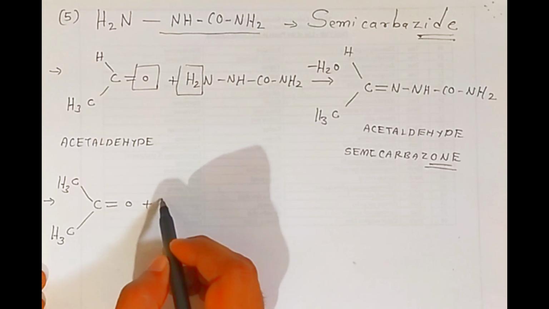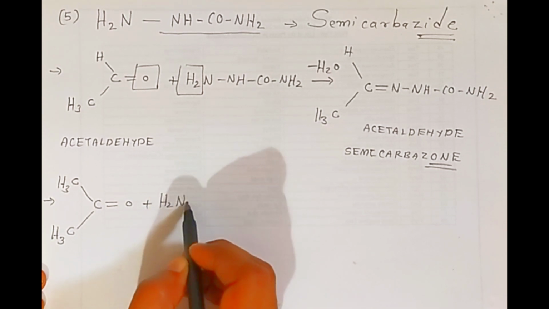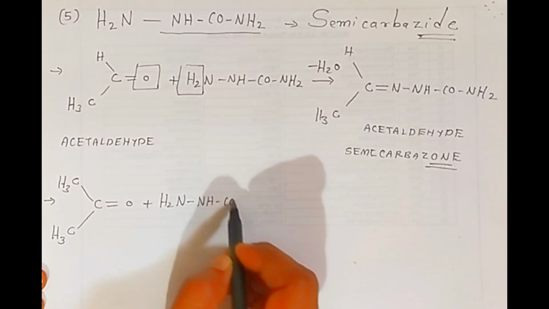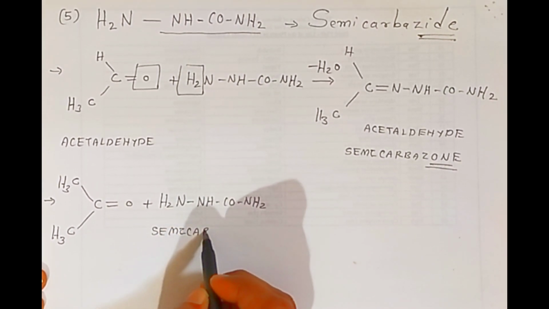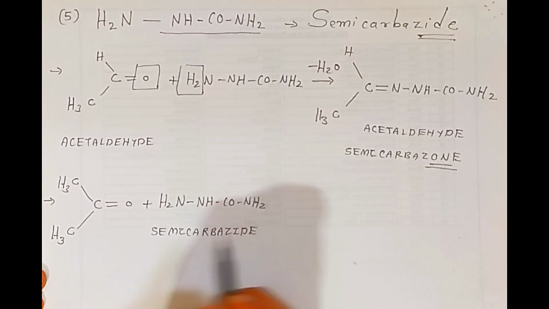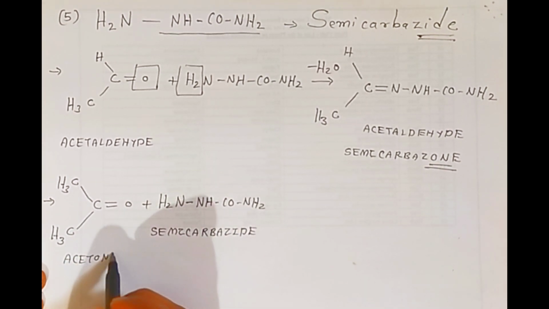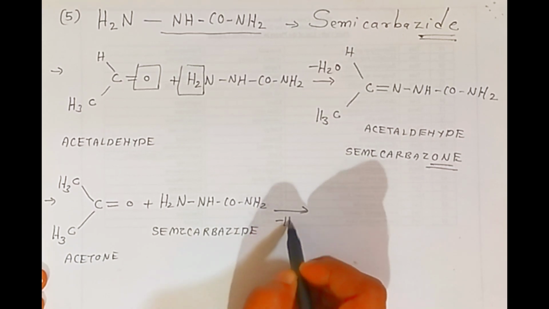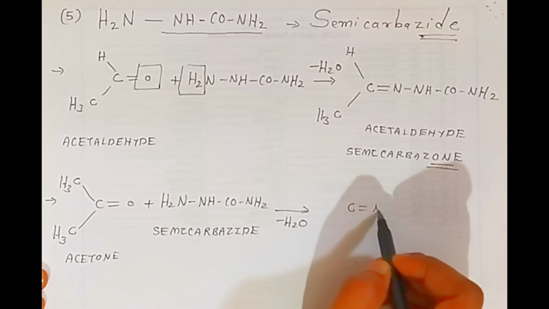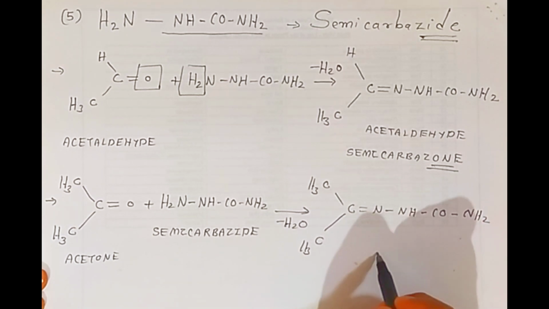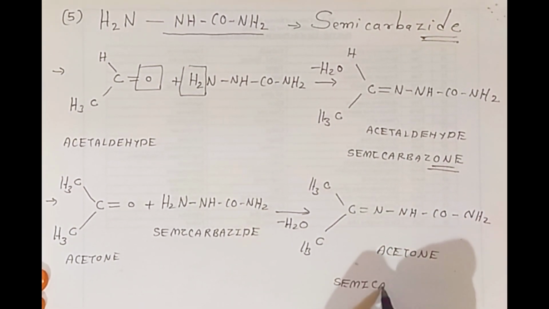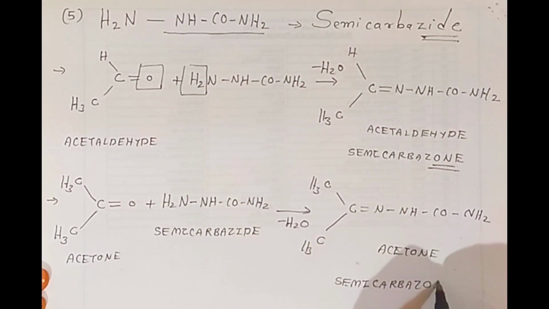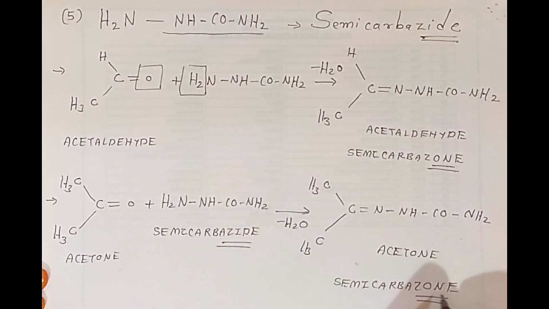Now it is combined with semicarbazide, where a hydrogen of ammonia is replaced with NH2. Acetone reacts with semicarbazide by elimination of water molecules, and it forms like this, and it is called acetone semicarbazone. So students, this 'zide' is converted into 'zone'. So we have got the acetone semicarbazone derivative.